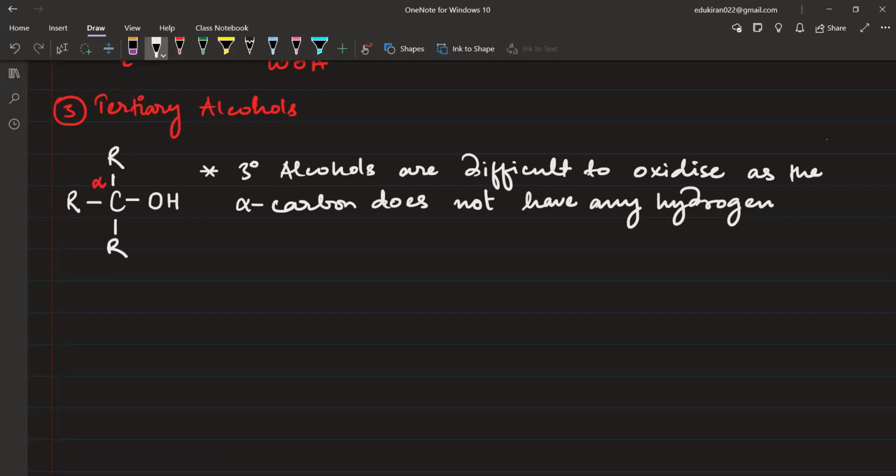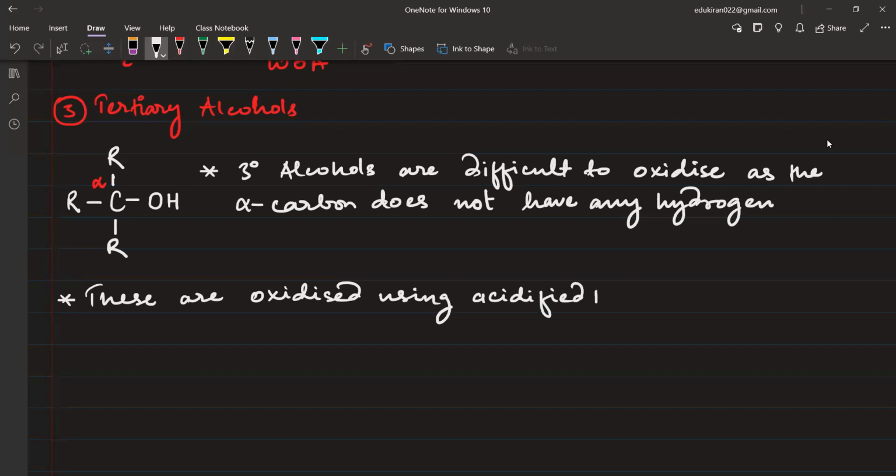So in order to oxidize them, you need a very strong oxidizing agent and a very high temperature. Right, next. These are oxidized using acidified K2Cr2O7, or acidified KMnO4 at high temperatures.